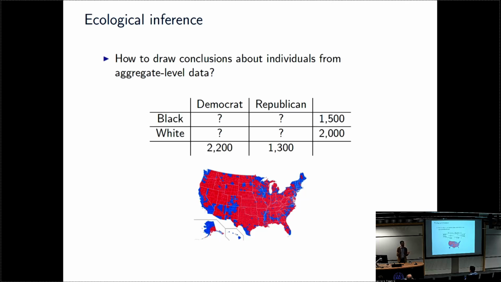So a different approach, also invented in the 50s, called Goodman's method, says let's think about each of these districts as an observation. So I've got the fraction of the vote outcome, so maybe 53% for the Democrat. I've got the fraction of voters who are black, 30%, and then I'm going to do a regression of the variable that I want, Y, the voting outcome, on the variable that I am using to predict, the race.